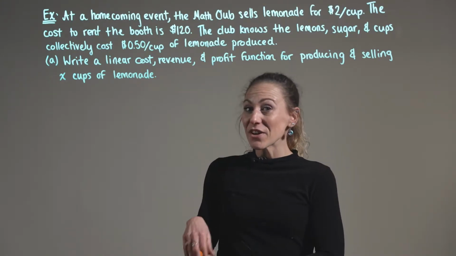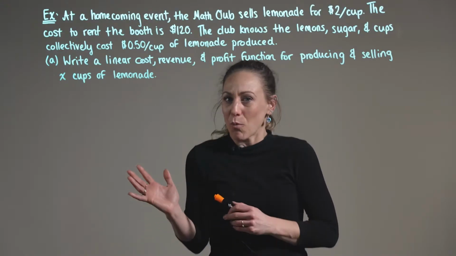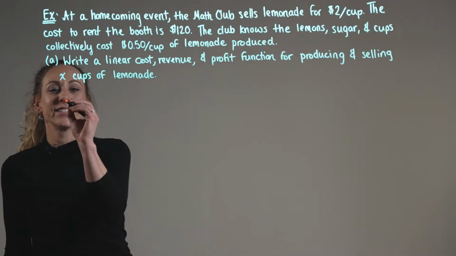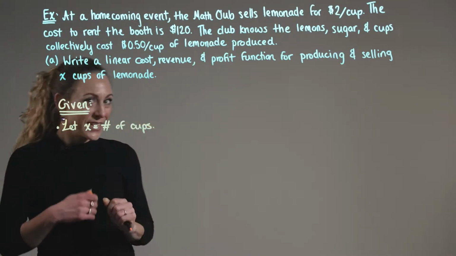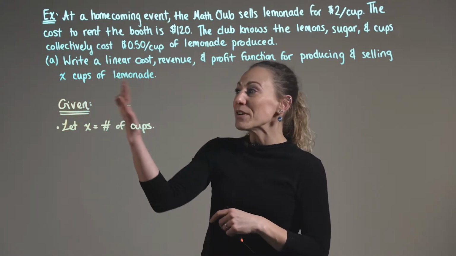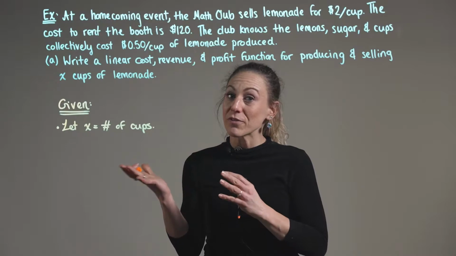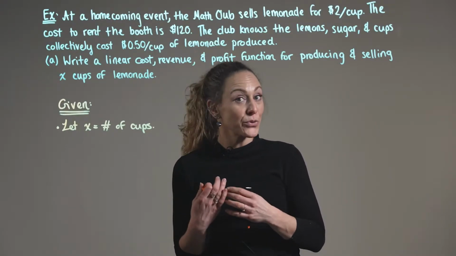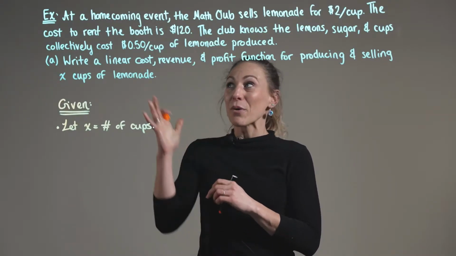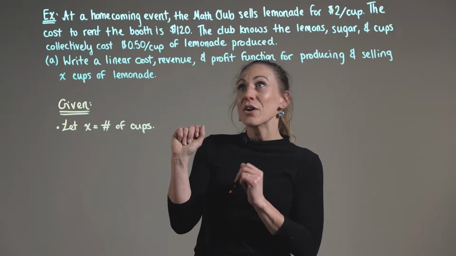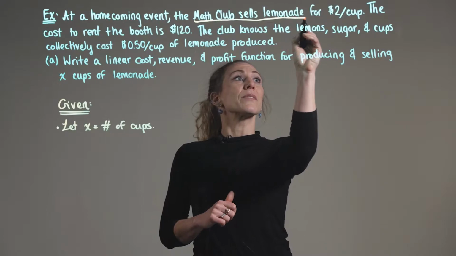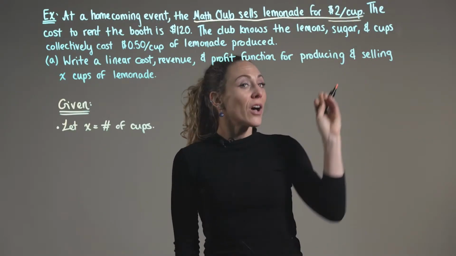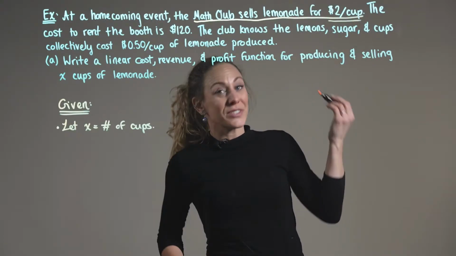So to get started here, let's simply think about what are we given? Now we know from part A that we're going to let x be the total number of cups of lemonade being produced and sold. Now, reading back through the question, we can see that the math club is going to sell these cups of lemonade for $2 per cup. So that's our selling price.